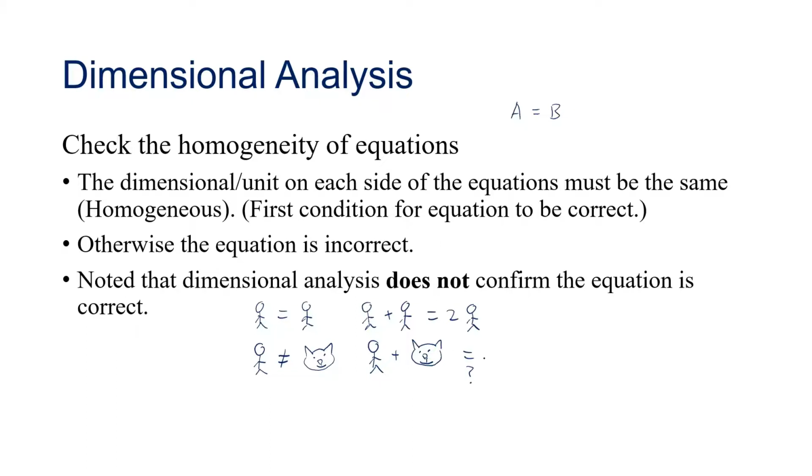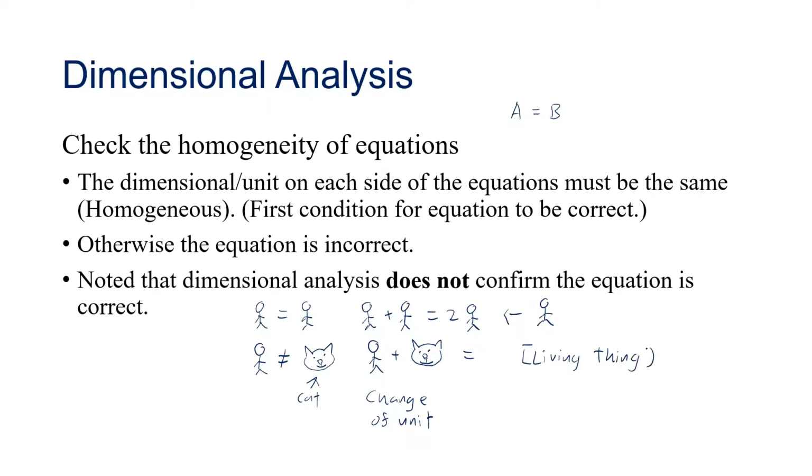The answer is it can be done by changing the unit, right? For example, in this case we have a unit of human, and this cat has a unit of cat. Clearly a human cannot be directly added to a cat, but we can change the unit to something like living things.